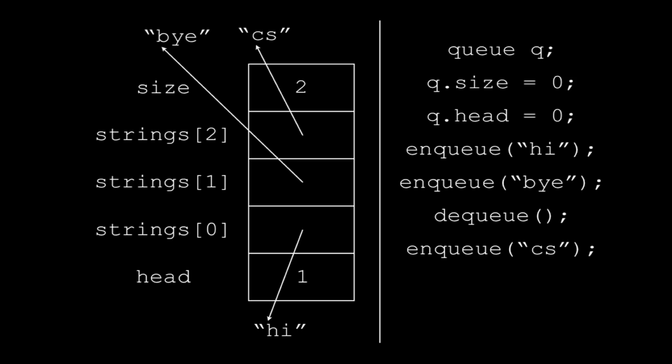So, like you were saying, that element at strings sub 0, at index 0, isn't really there. It's not in our queue anymore. We just didn't bother to go in and overwrite it when we dequeued it, right? So even though it looks like we've run out of memory, we really haven't. That spot is available for us to use.